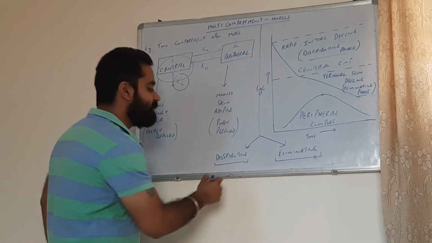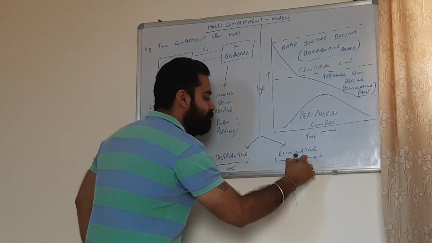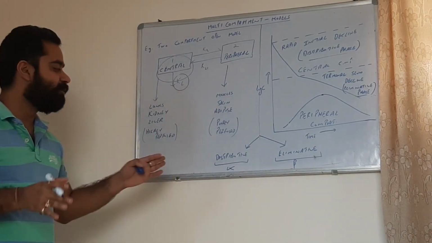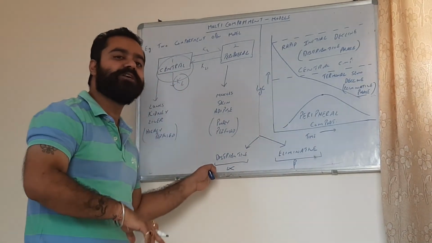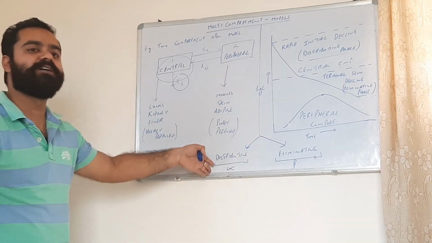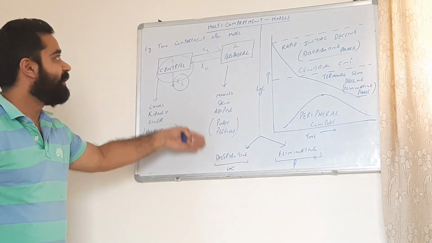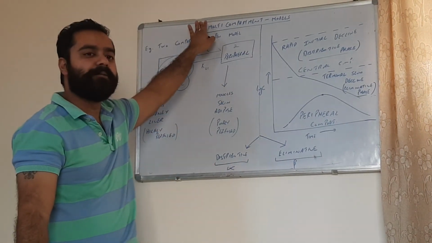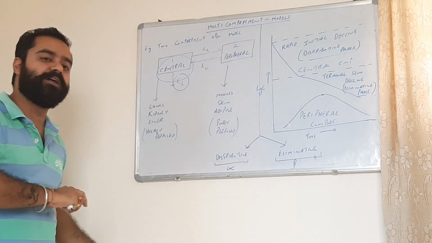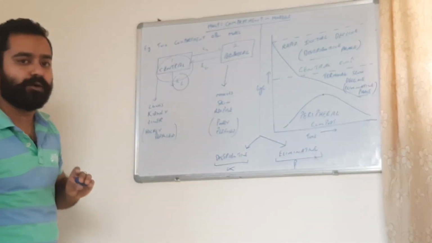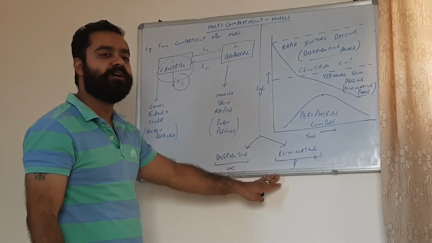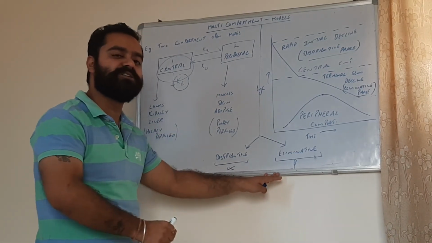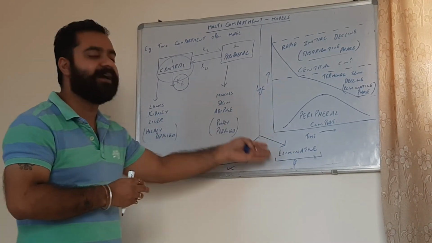Let us consider these to be alpha and beta. So again we have a bi-exponential equation and not a mono-exponential equation. So in two compartment or multi-compartment models, we have either a bi-exponential or a multi-exponential equation which has to be resolved to give the various constants of distribution or elimination.